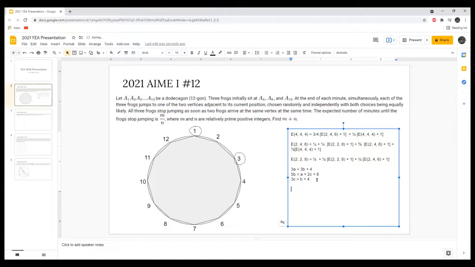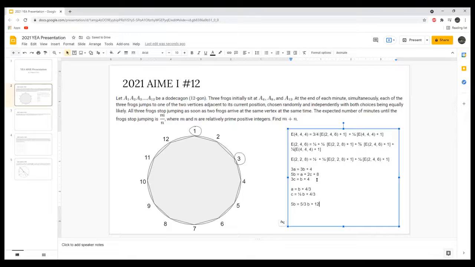All right, so then let's just plug everything back in and get A is equal to B plus 4 over 3. C is equal to 1/3 B plus 4 over 3. So then 5B is equal to A plus 2C, which is 5 over 3 B plus 12. I believe that's right.